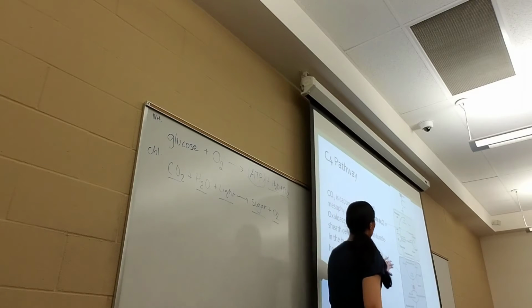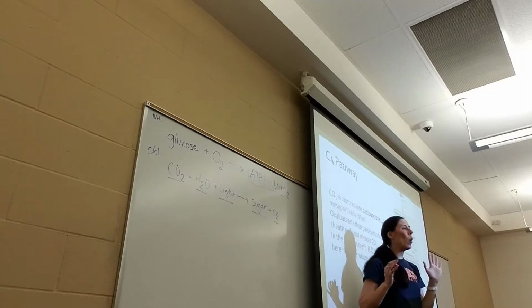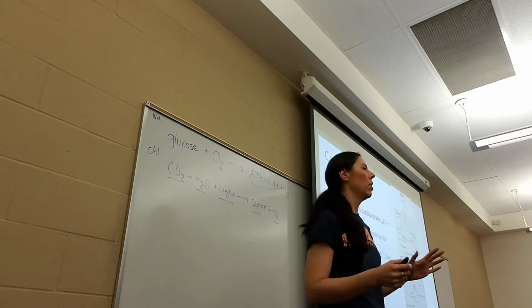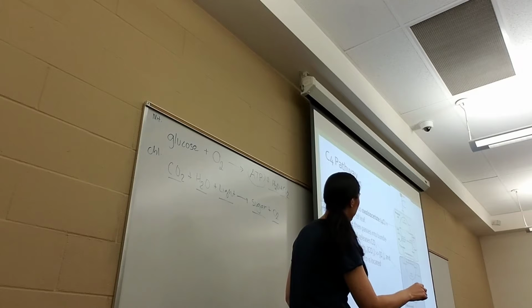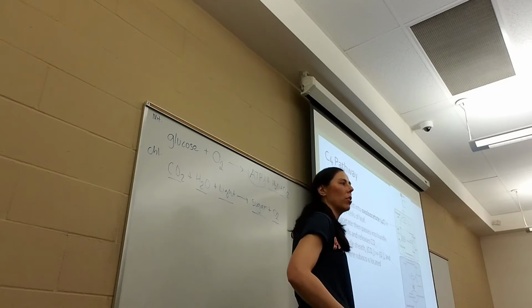In this specialized bundle sheath cell, the concentration of CO2 is way greater than oxygen. So it tends to bypass that stubborn oxygen problem by having really high concentrations of CO2.